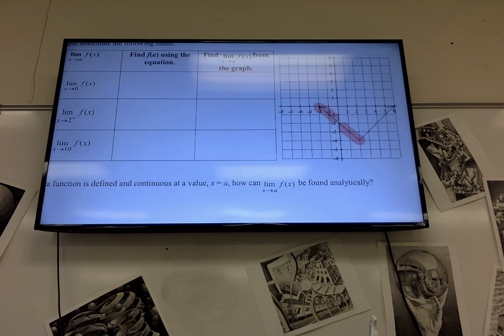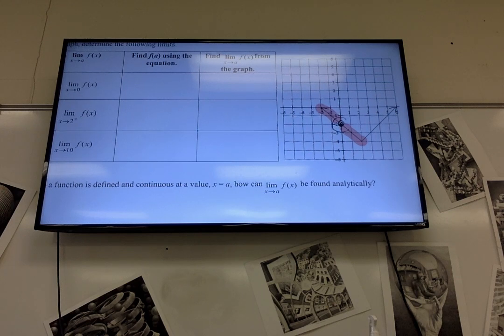X is approaching right here, that point, which is at -2. I don't know if I said negative, but I should have.